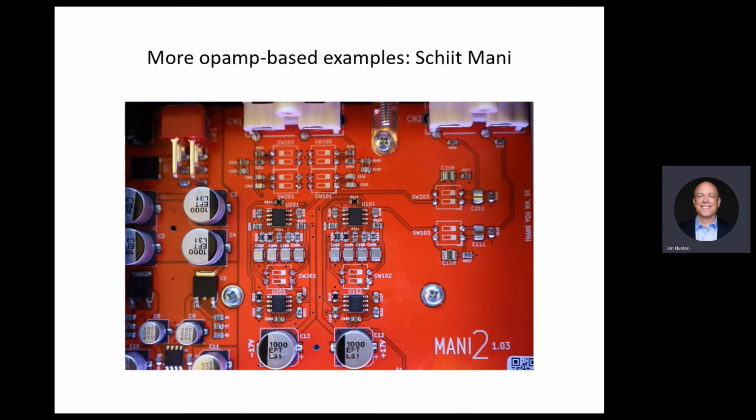Now we're looking at the real designs. This is Mani 2. Mani 2 is also an op-amp based design. So we're seeing those op-amps. We're coming in from that side. These switches are the loading switches, essentially for the resistors, and they're on the other side. It goes into this stage.